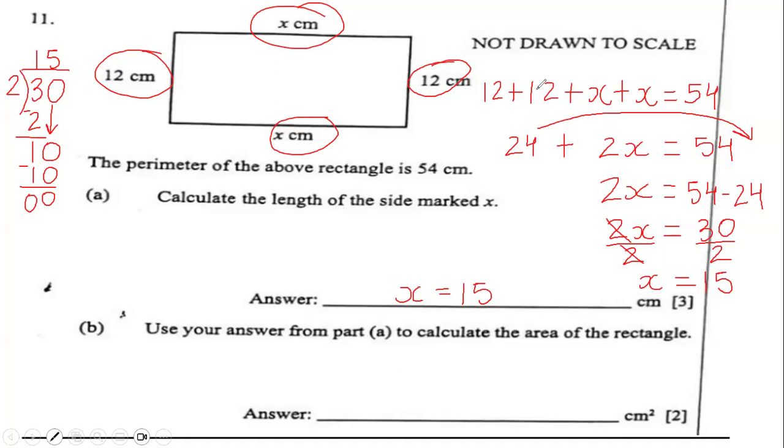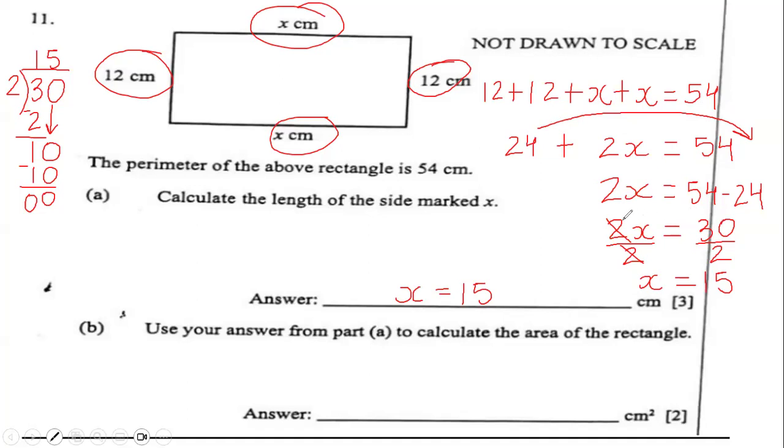Good. So we say 12 plus 12 is 24. We bring this over. And when we bring it over, is it a positive or a negative when we send it over the equal sign? Turns to a negative. Very good. That's why we have 54 minus 24. You see that? Yes, sir. Then we do 54 minus 24, which gives us what? 30.